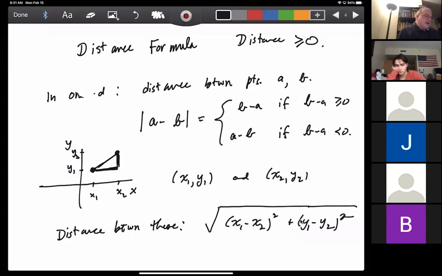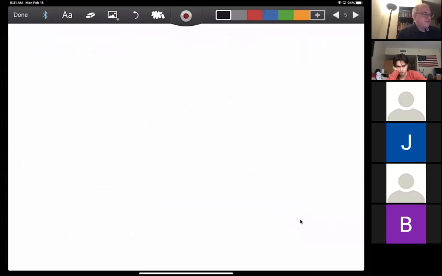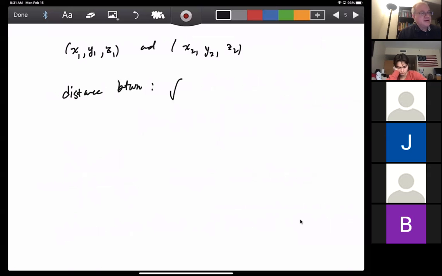Okay. And in the same way, when we have two points in three-dimensional space, say x1, y1, z1, and x2, y2, z2, the distance between these follows the same pattern.